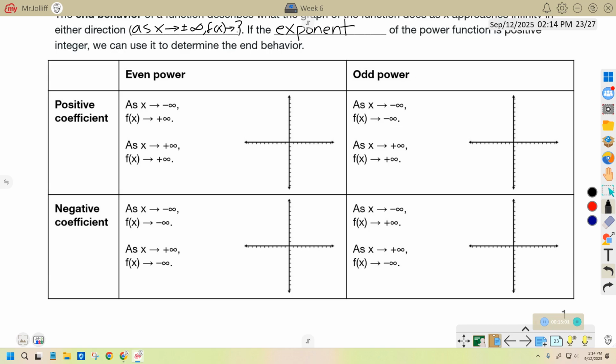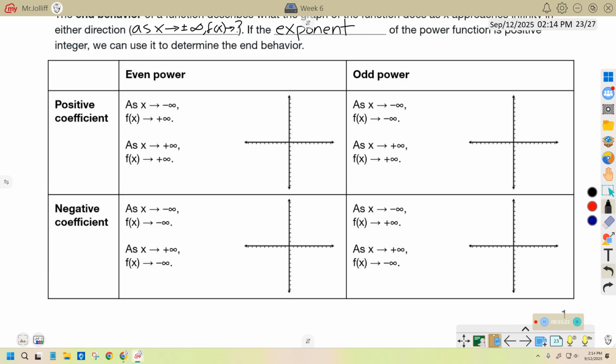We have four cases. We can have an even powered exponent or an odd powered exponent, and we already know what those look like. If my function has an even exponent, x squared, for example, what's the shape of the graph look like for x squared? A u, yeah, it's a parabola.